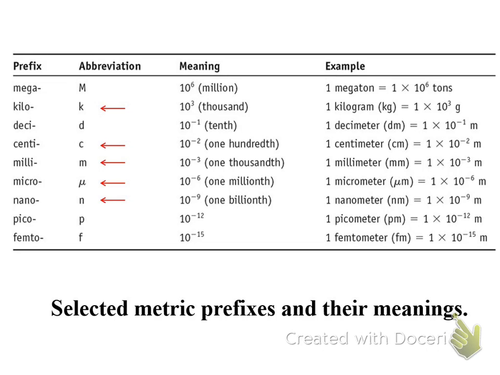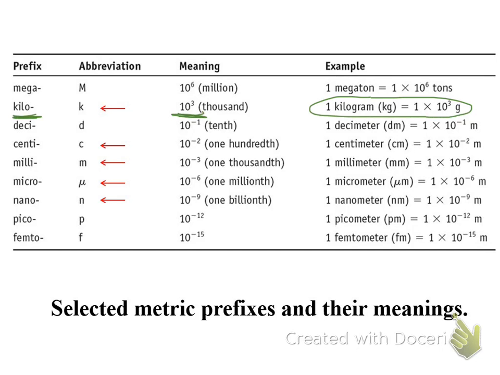So as some of you probably already remember, kilo means 1,000 times the base unit. I like this because there is a written out example of what we mean by the prefix kilo. So 1 kilogram is equal to 1 times 10 to the 3rd grams.